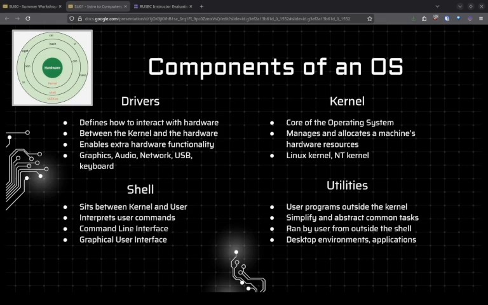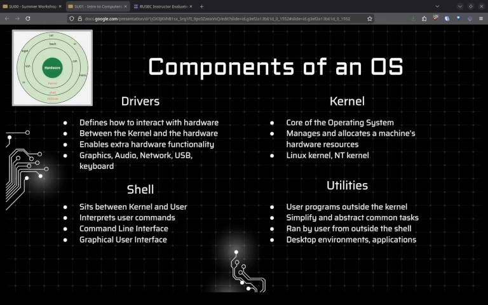What these utilities do is simplify and make easier to use common tasks, like, for example, web browsing or watching a YouTube video. These utilities are typically run by the user from the shell, which is outside the kernel. Utilities can pretty much be anything, from even simple shell commands like in Linux, or they can be entire desktop environments, such as KDE on Linux.